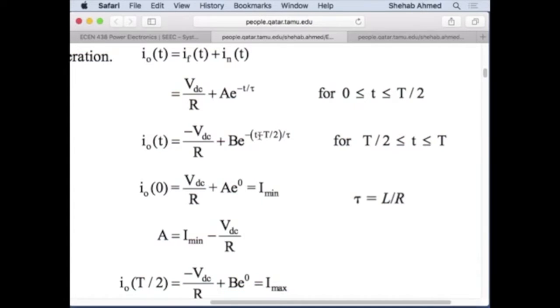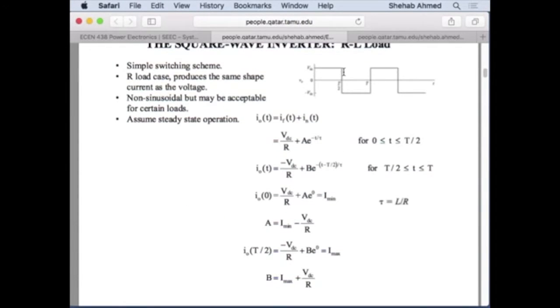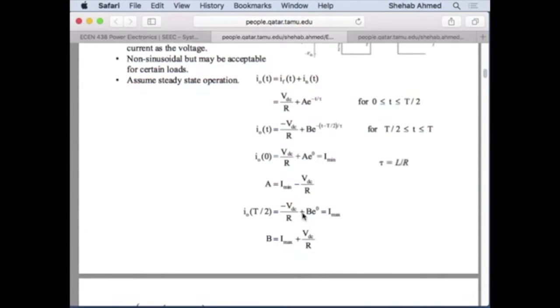If I substitute with t equals T over 2, that's my zero condition. In that case, the current is equal to its maximum value at T over 2, so you will be able to find B as well. So you can find an equation for the current waveform when it's rising and when it's falling. You don't have a single equation for the current waveform anymore.